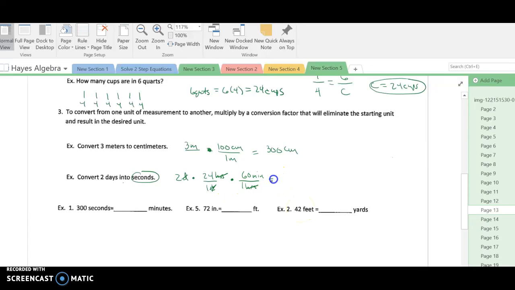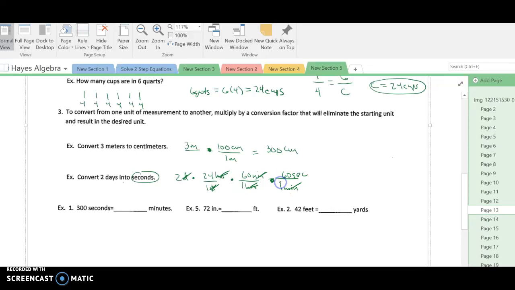And now I'm going to say 1 minute is equal to 60 seconds. And if I look, minutes cancel out. So here, days cancel out. Here, hours cancel out. Minutes cancel out. And all I'm going to do is multiply across there, right?